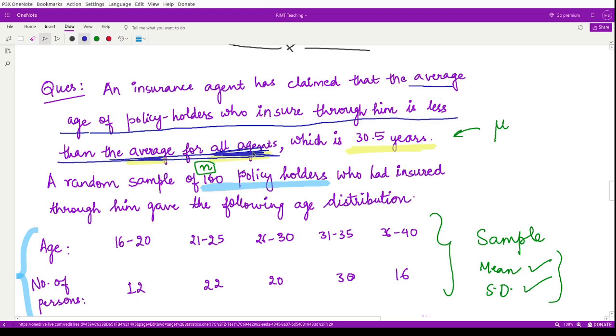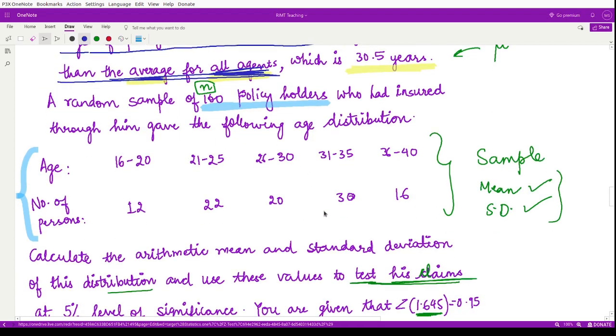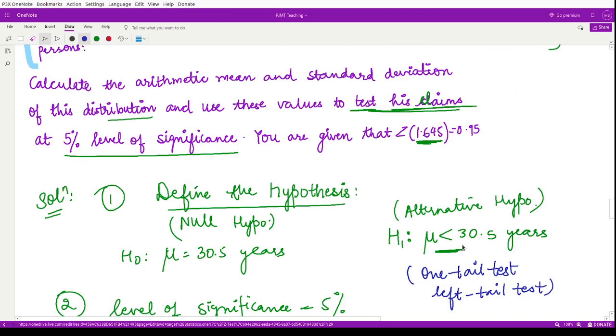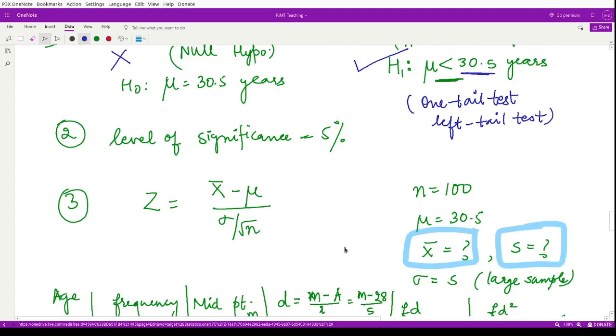So mu here is less than 30.5. So this alternative hypothesis is correct. The null hypothesis is incorrect here, by virtue of the Z test that we have applied.